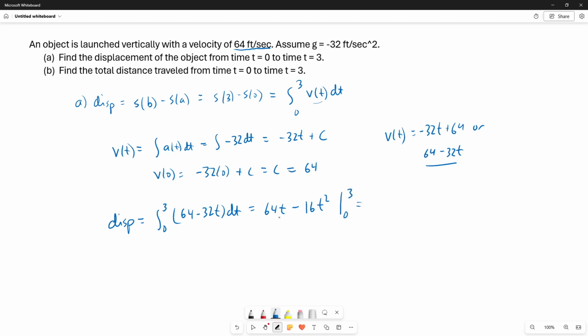If we plug in 3, 64 times 3 is 192, and 3 squared is 9, 16 times 9 is 144. And then minus, we have to plug in 0. If we plug in 0, we get 0 minus 0. So the displacement is 192 minus 144, which is 48 feet.